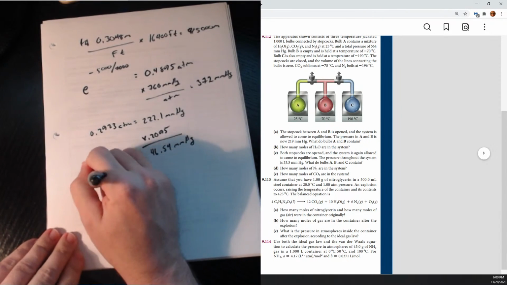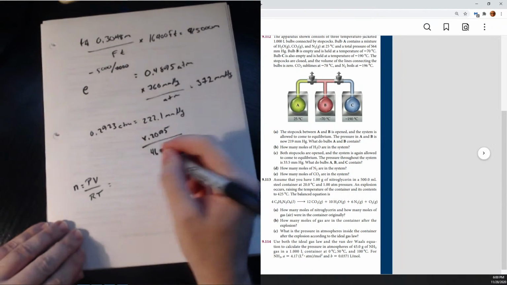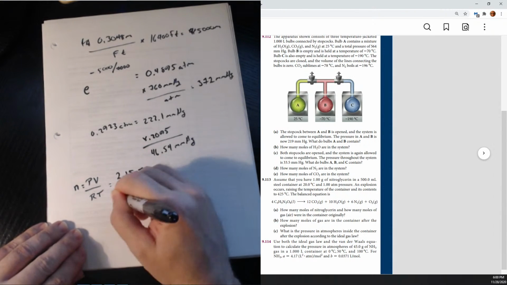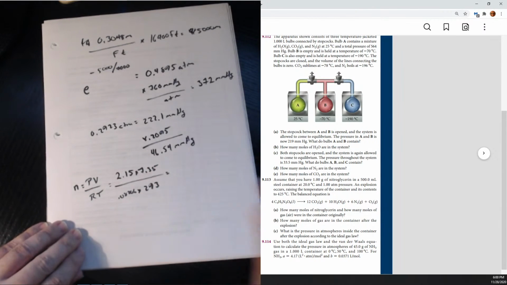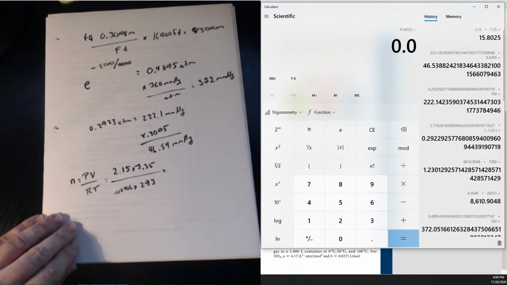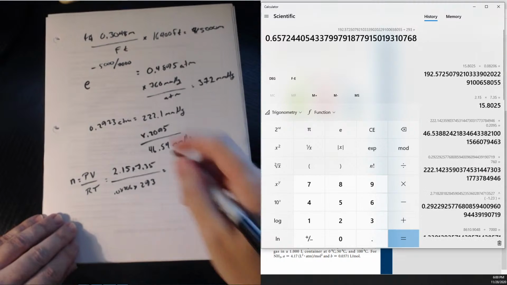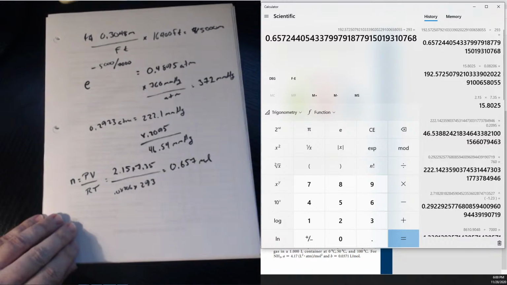n equals PV over RT equals 2.15 times 7.35 divided by 0.08206 times 293 will give us the moles of argon. 0.657 moles.